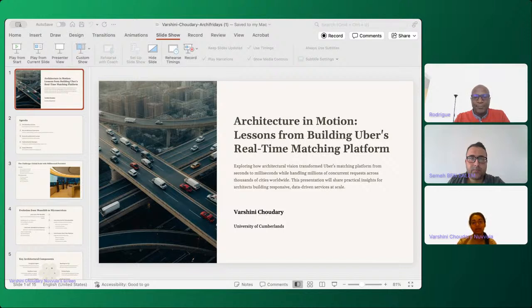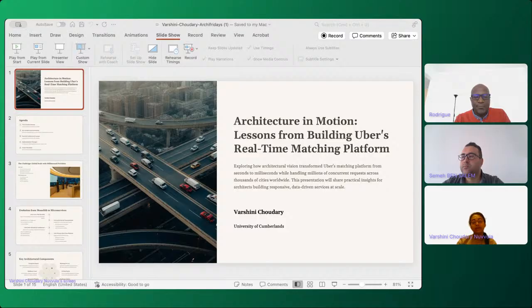Today I will walk you through the remarkable journey of how Uber transitioned from a basic ride matching system that responded in seconds to one of the world's most sophisticated real-time platforms, one that operates in milliseconds. This isn't just a story about how technology is evolving, but also about innovation. While this case study is about Uber, the patterns, decisions, and lessons are highly transferable.